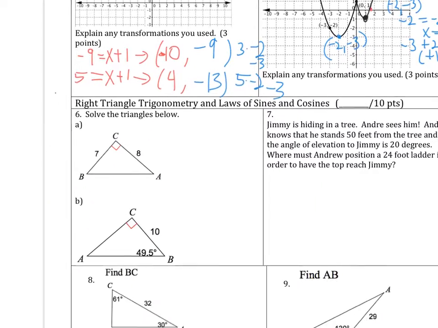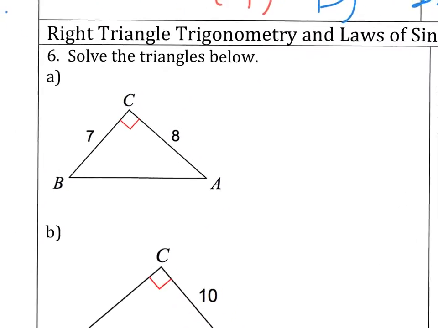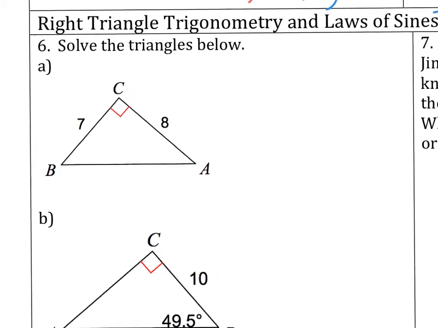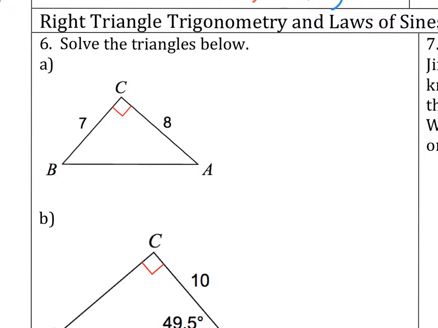And then for the last part of this, we've got some trigonometry. I'm going to zoom into these so we can see what's going on. First triangle, I've got to solve for the entire triangle, and I'm given two sides, a 7 and an 8. First thing I might do is solve for my third side, which is side BA.